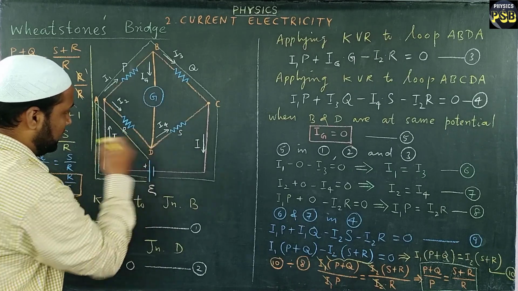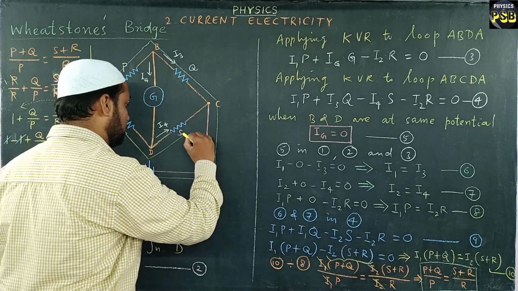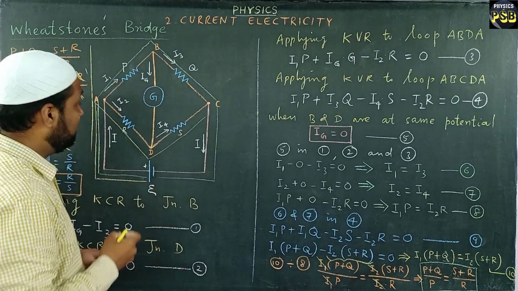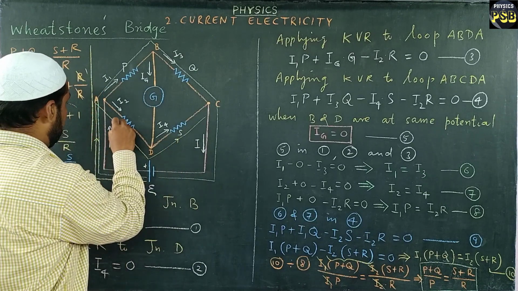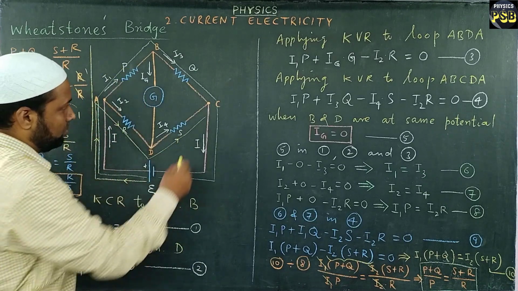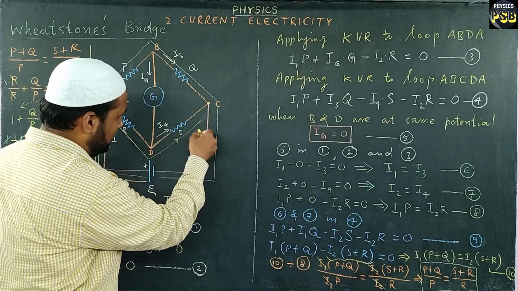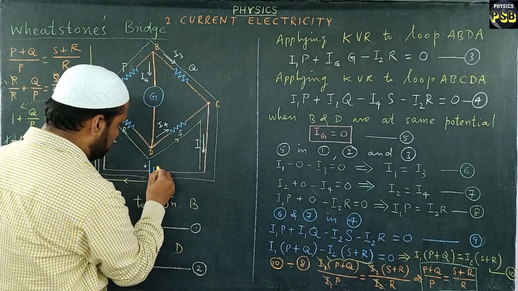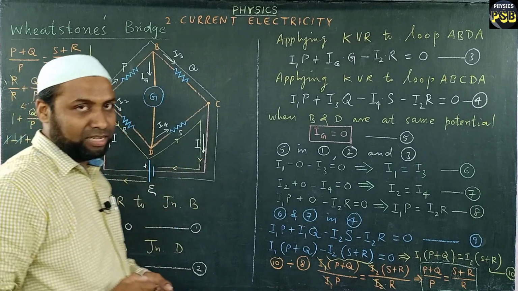It is D. After reaching D, it will flow through S. See, this is the direction. Then after reaching C, it will choose this path and move towards the negative terminal of the cell.